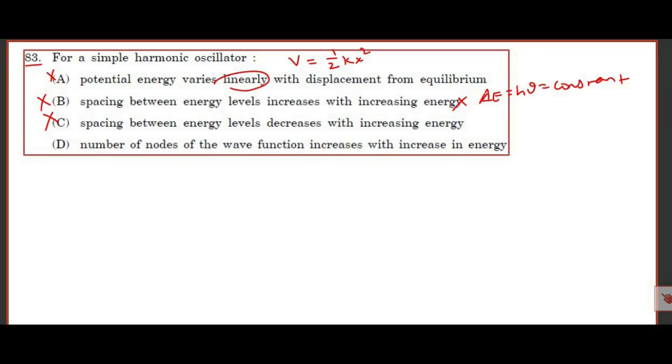The number of nodes of the wave function increases with increasing energy. Option D is correct. Let us see how. Let us take n equal to 0, then E0 equals half h mu, which has no node.